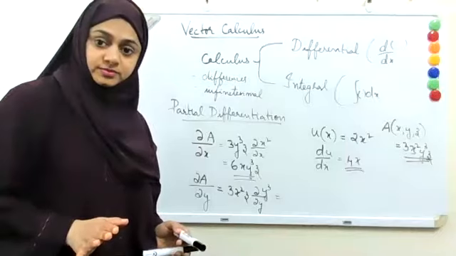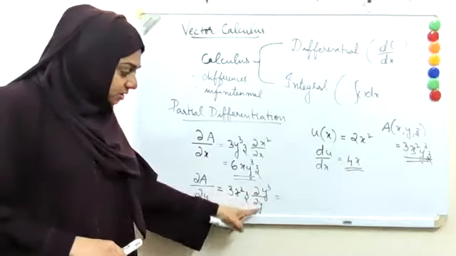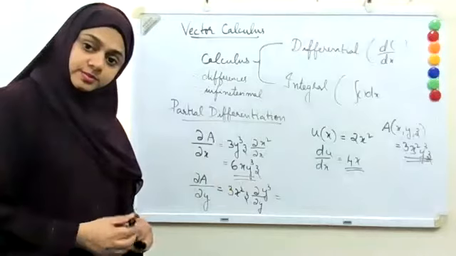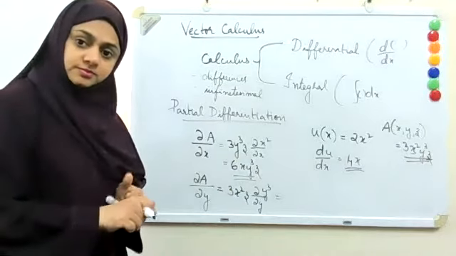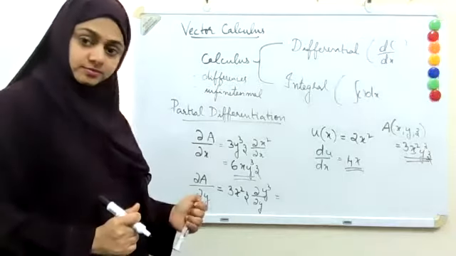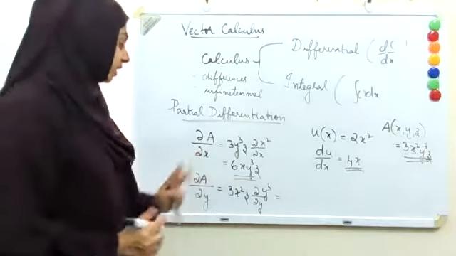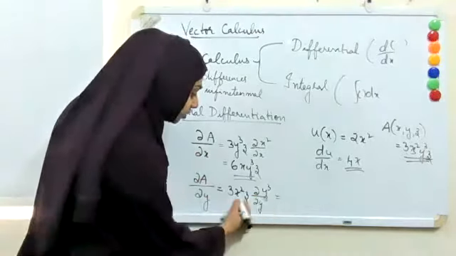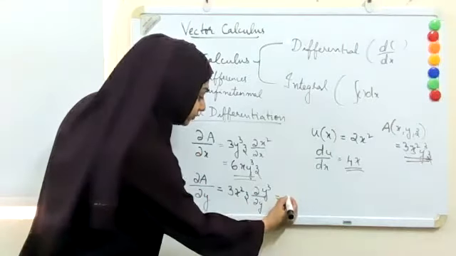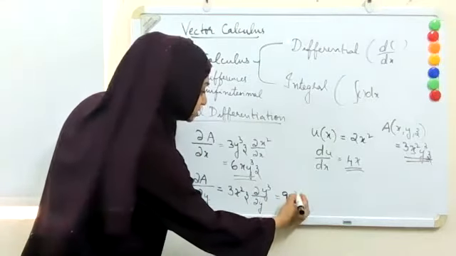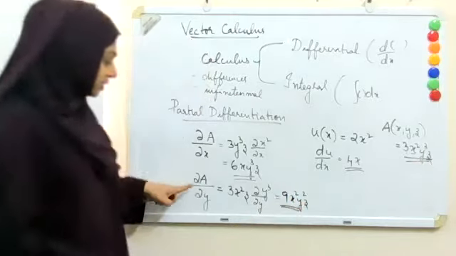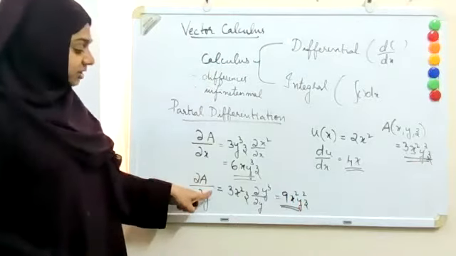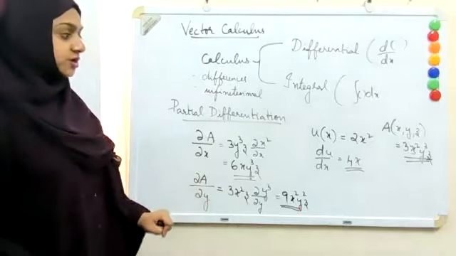You know? Then tell me what is d by dy of y cube? 3y square. So 3 goes multiplied with 3, so it will be 9. Then x square, y square, z. This is how you can partially differentiate a function with respect to y.